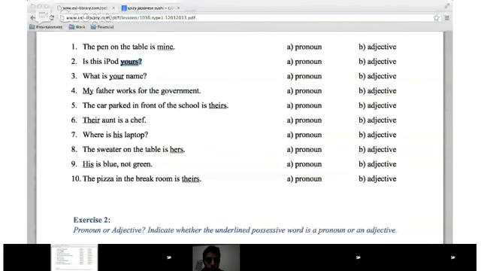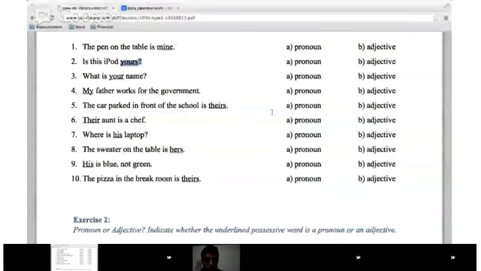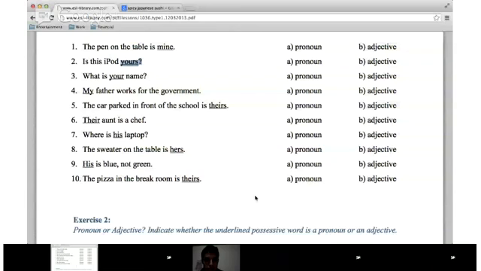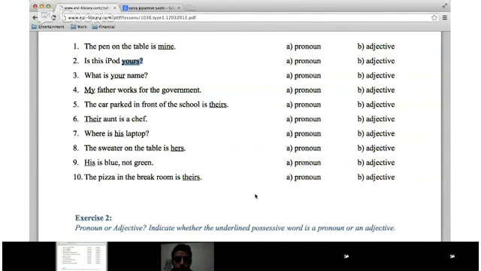How about number 3? Number 3 is for Farhad. Farhad, are you there? Okay, let's go to Elizabeth. Number 3, please. What is your name? A pronoun. Okay, what is your name?